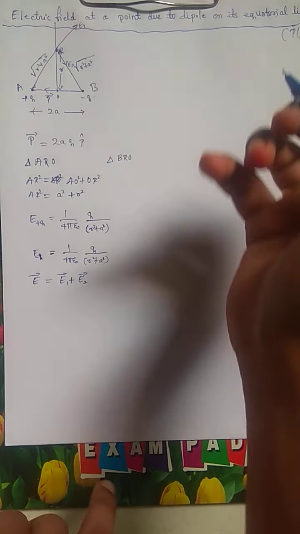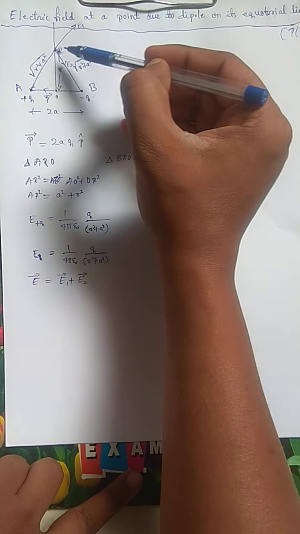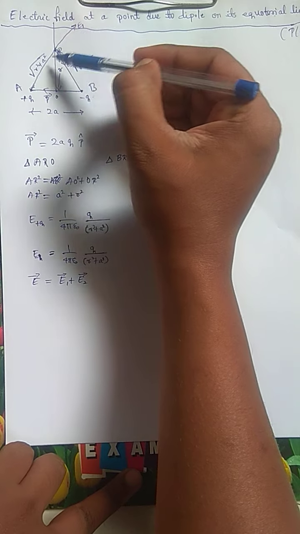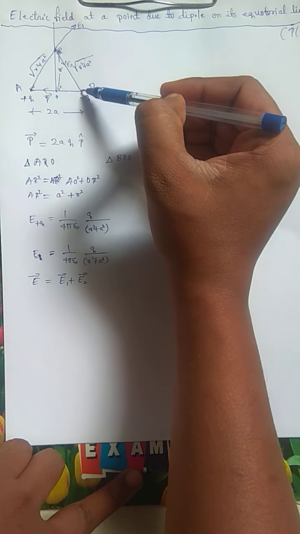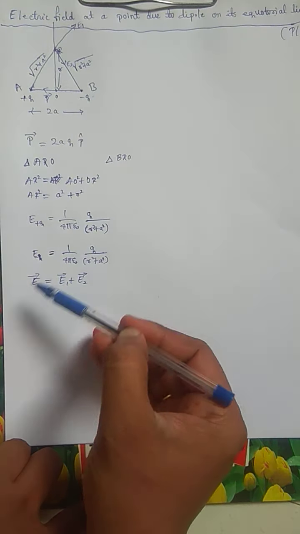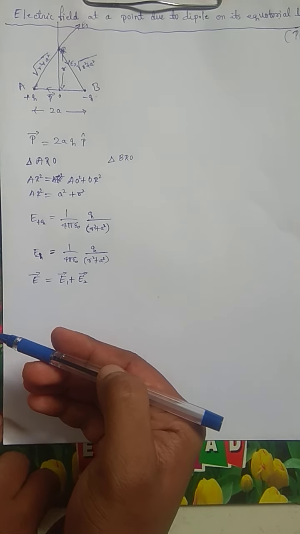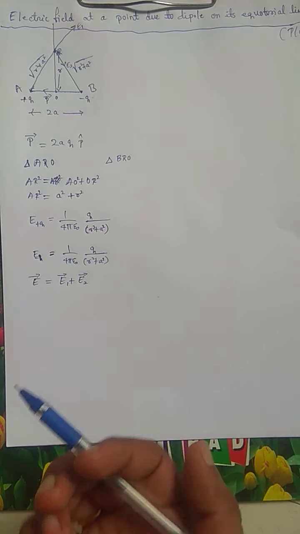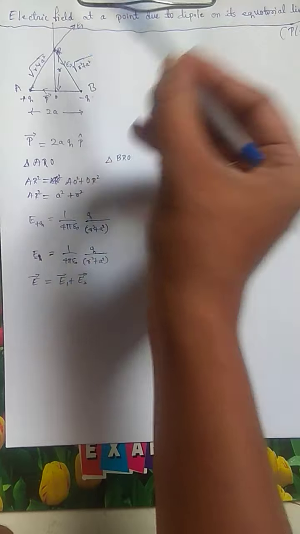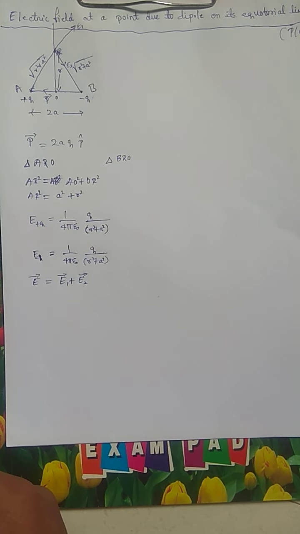But the thing is, here E1 is moving in this direction, E2 is moving here, but we don't know the total electric field direction. So how can one calculate the total electric field in such a condition? With the help of vectors, we'll easily solve it.